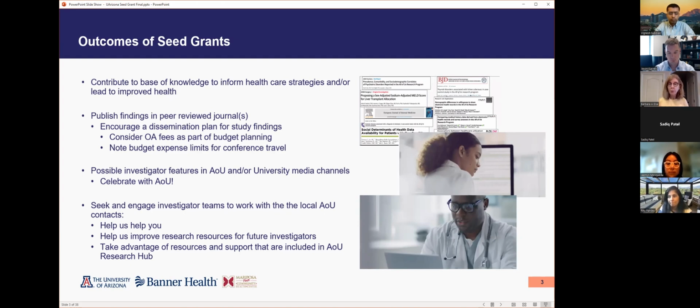Part of that is to use the Seed Grants to help us improve research resources for future investigators, and take advantage of resources and support that are included in the All of Us Research Hub nationally, but also help you locally to have productive and efficient research.